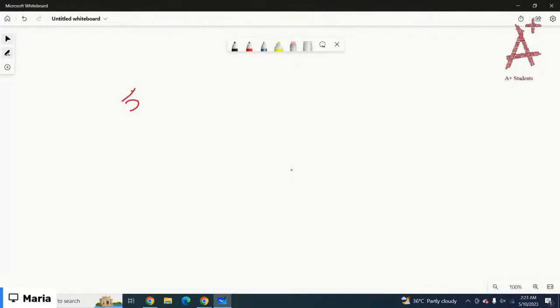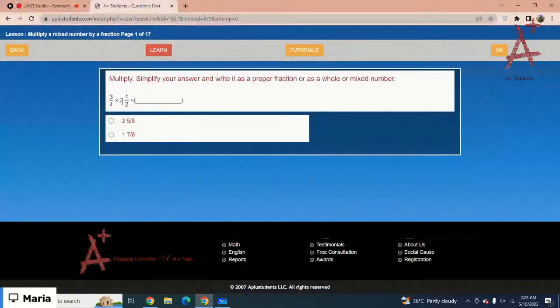It would be 3 over 4 times 2 whole 1 over 2. So 2 times 2 is 4 and 1 is 5 over 2. So it would be 3 over 4 times 5 over 2.